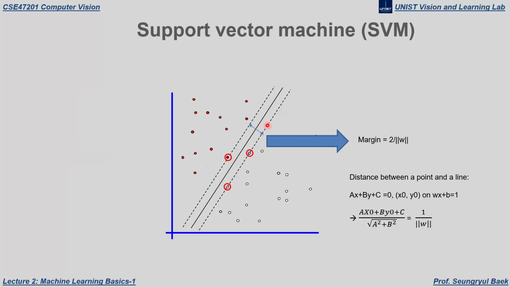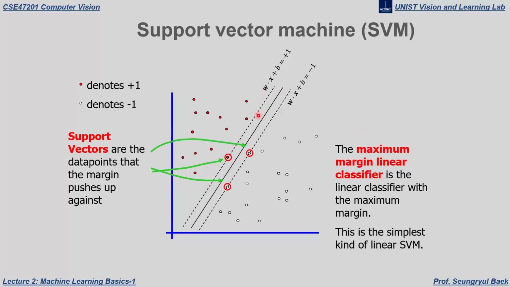And then they define margins. They define Wx plus b equal to either +1 or -1 to be the straight lines that explain the samples which are close to each other.